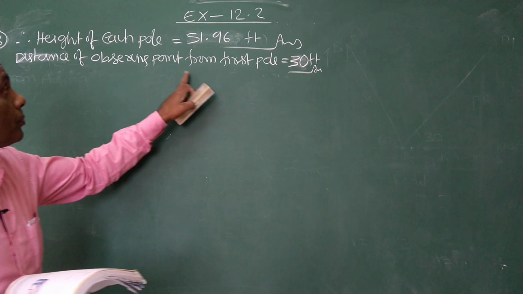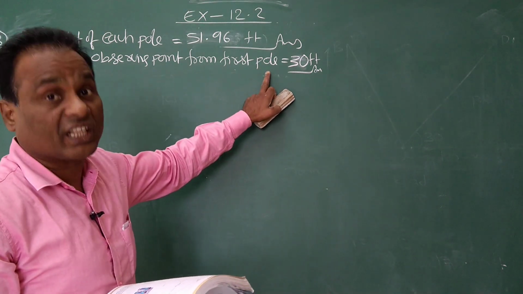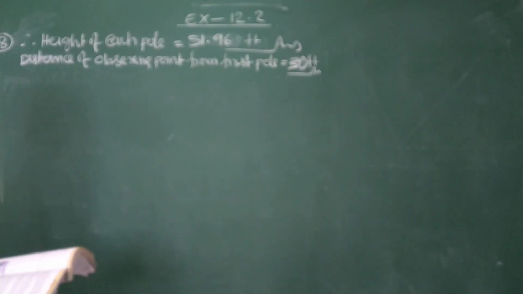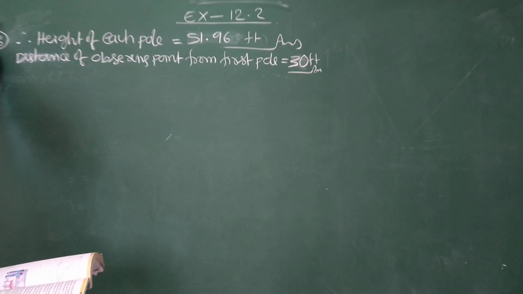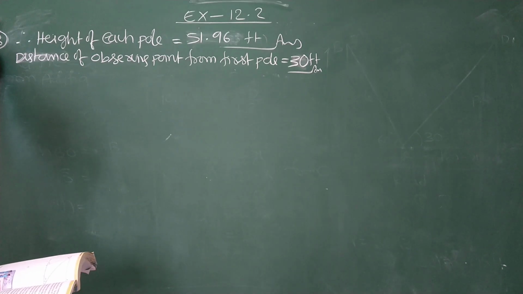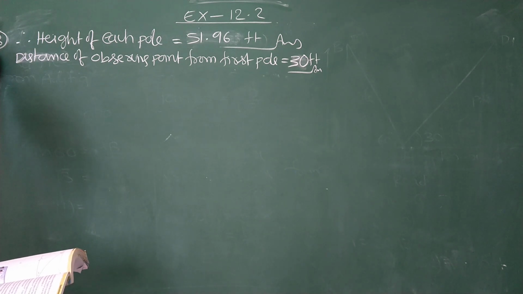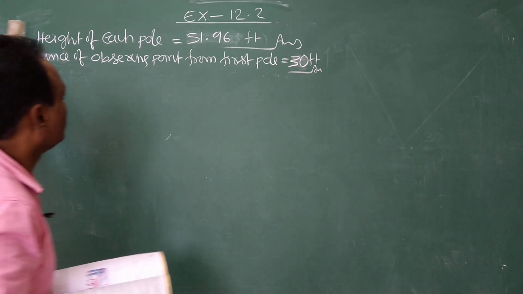Distance of the observing point from the first pole is equal to 30 feet. Sometimes if you are not able to copy within the given time, no problem. First listen and understand, then you can copy it afterwards. After this class also you can go through the video and copy it.